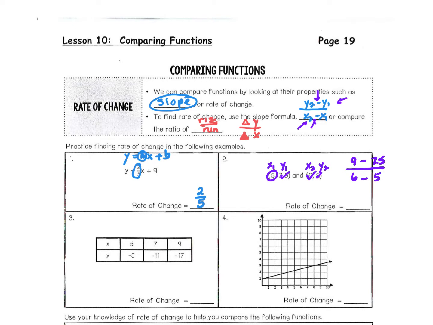So 9 minus 7 5/10 would equal 1 5/10, and 6 minus 5 would equal 1. So 1 5/10 divided by 1 would just be 1 5/10. Or if you prefer, you could write it as 1 1/2.